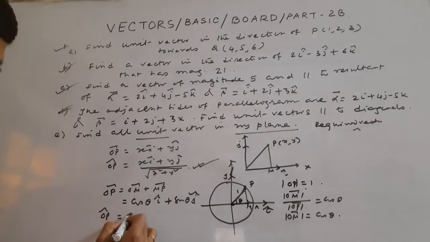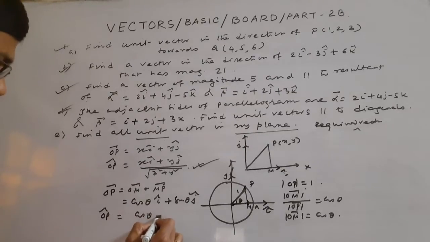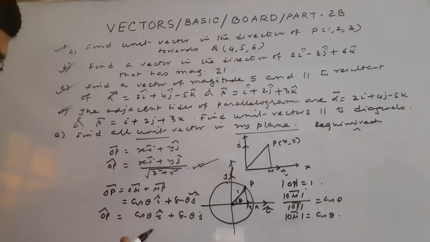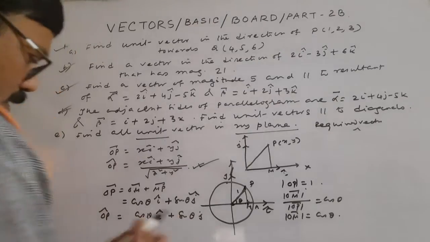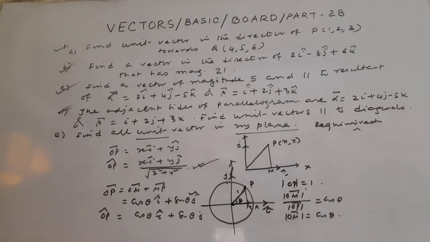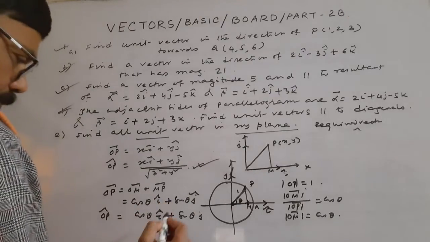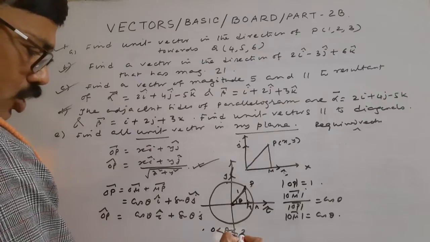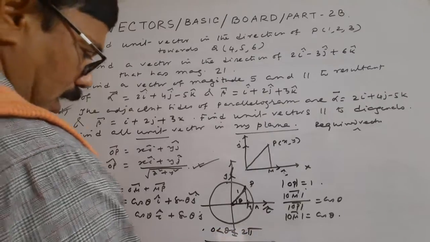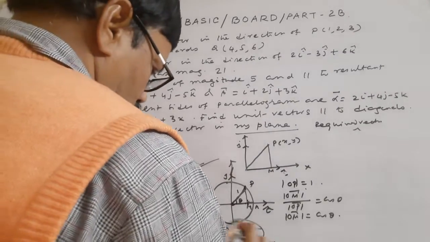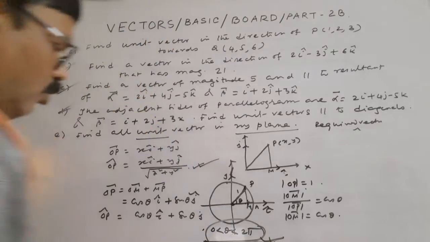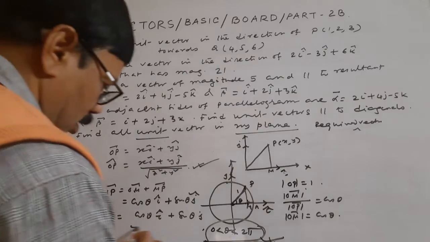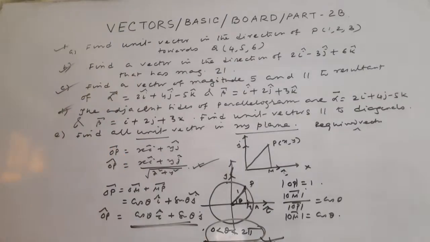OP cap equals (cos theta i cap plus sin theta j cap) by root over cos square theta plus sin square theta, which is 1. So the restriction on theta is 0 to 2 pi. You can write the answer in this form also.